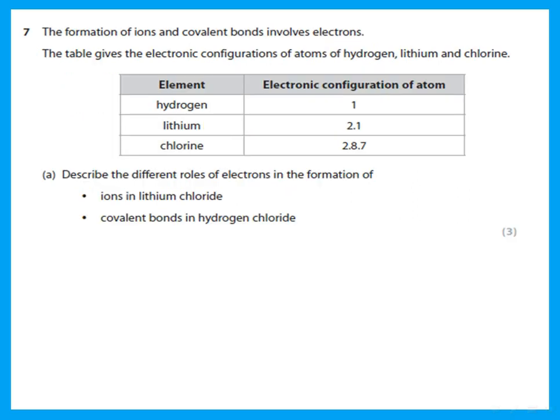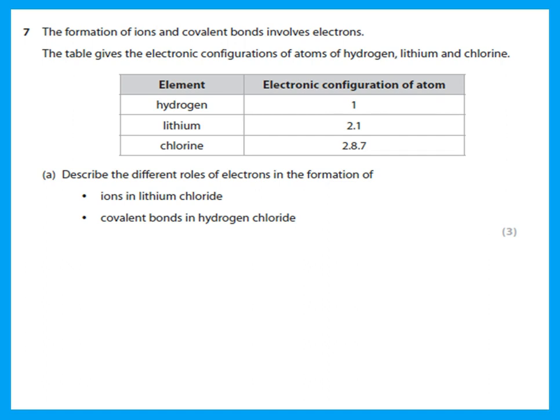The formation of ions and covalent bonds involves electrons. Describe the different roles of electrons in the formation of lithium chloride and hydrogen chloride. Now, what happens when lithium reacts with chlorine to form lithium chloride? You should realize that lithium is a metal. It has 1 electron in its outermost shell.